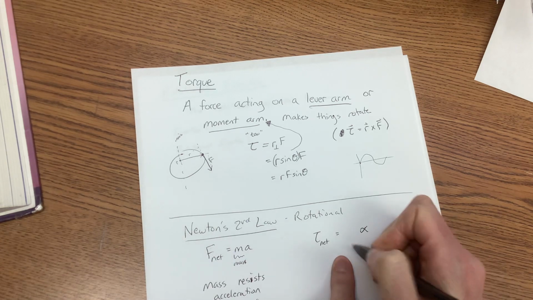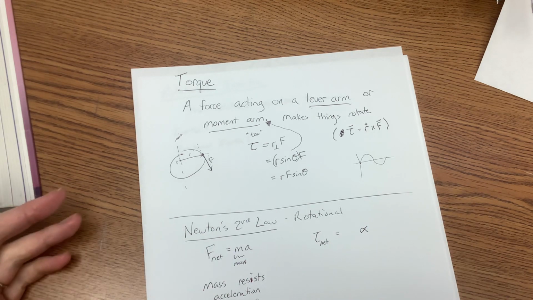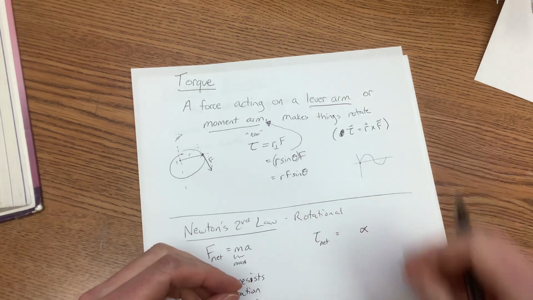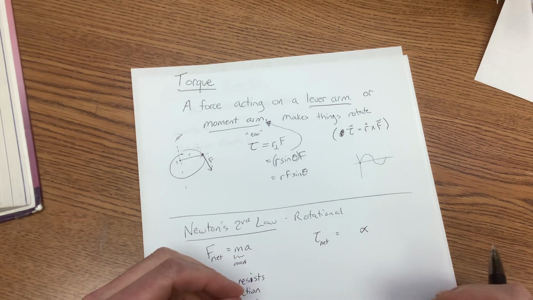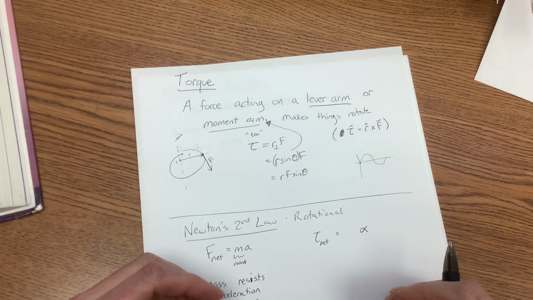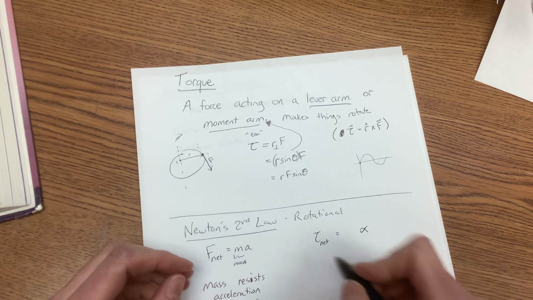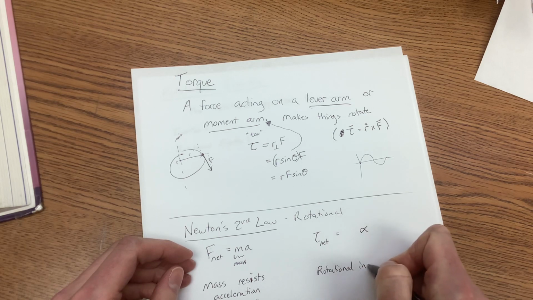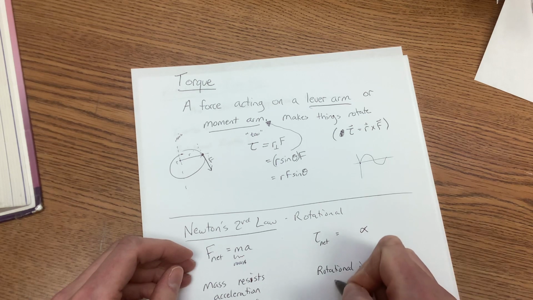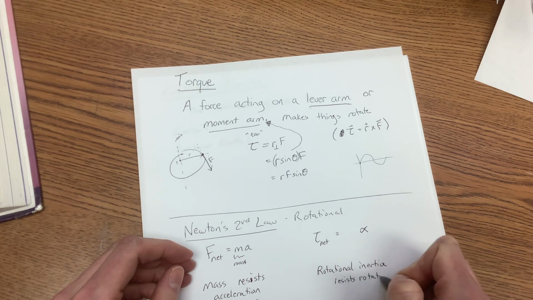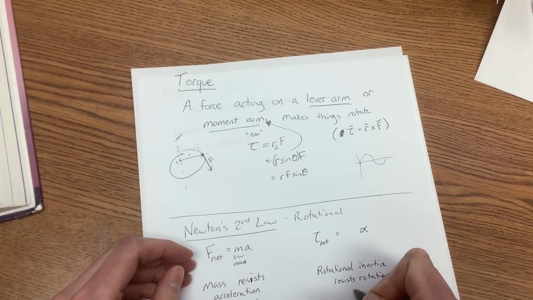In rotational motion, the mass is kind of weird actually. We'll take a look at this later, but if you have mass and you're trying to rotate it, the further away from the fulcrum, that changes how easy or hard the mass is to rotate. And so we have something called rotational inertia, and that resists rotational acceleration.